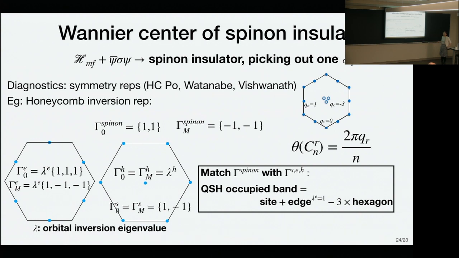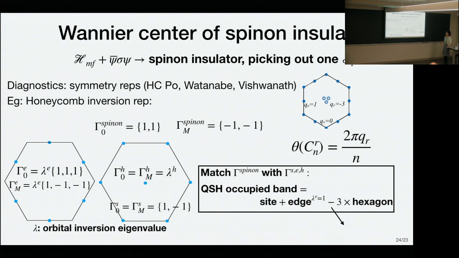One should match the representation of such spinon band with the representation of these three kinds of atomic insulator, and we find that by this simple algebra, the atomic limit of such spinon insulator has one charge located on site and on edge centers, with -3 charge located at the center of the hexagon.